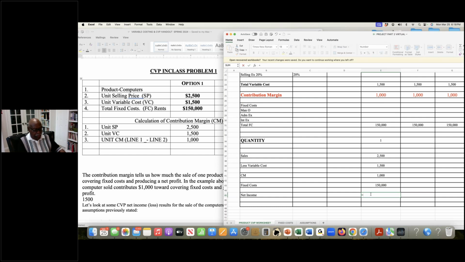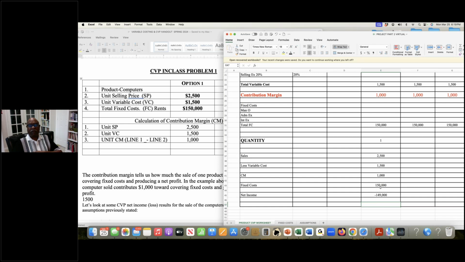So just putting in an equation, I'm gonna have the 1,000 minus the 150,000, and so my fixed costs were 150,000. If I sold one, I'm only covering 1,000 of a total 150,000.